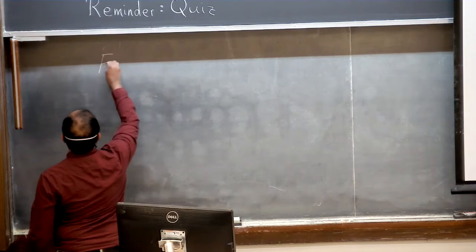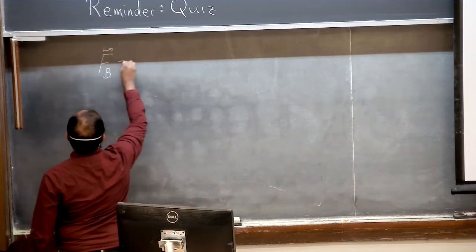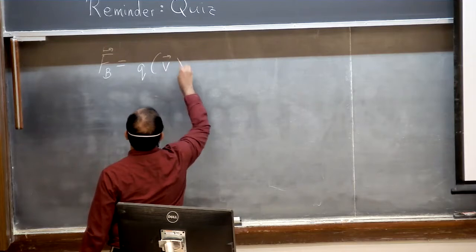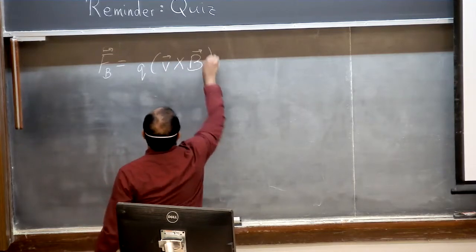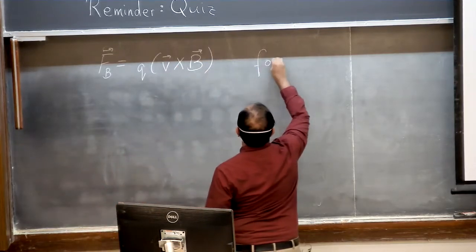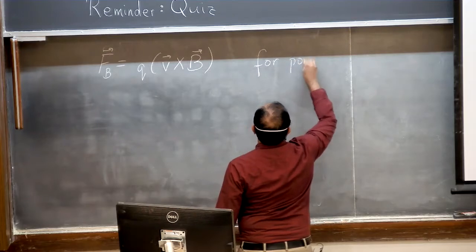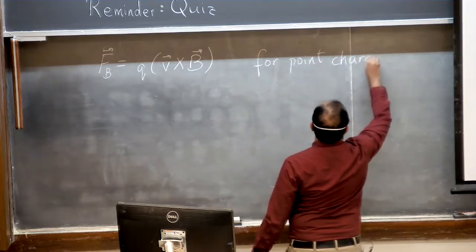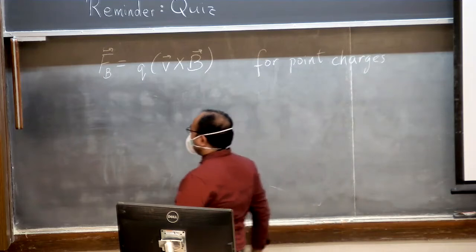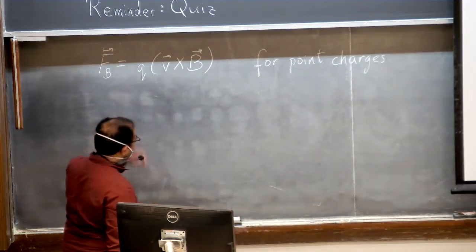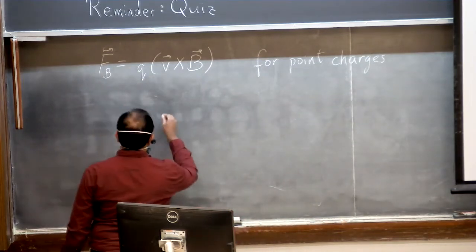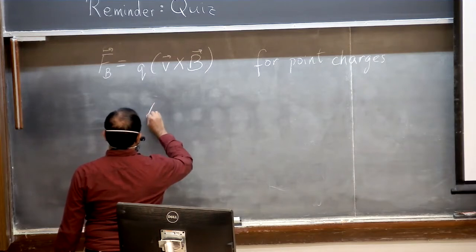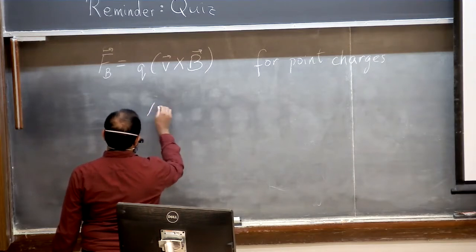So for moving charges, we had point charges basically. And so now, instead of dealing with a moving point charge, what we're going to deal with is instead a small bit of wire.